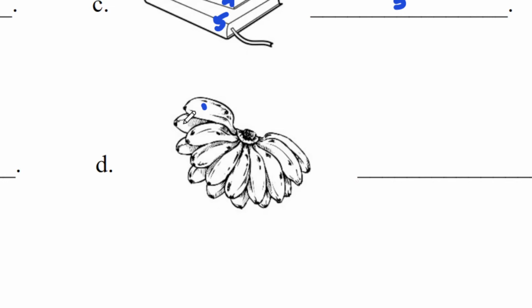So 1, 2, 3, 4, 5, 6, 7, 8, 9, 10, and this is 11, 12, 13, 14, 15, 16. So totally we have 16 bananas.